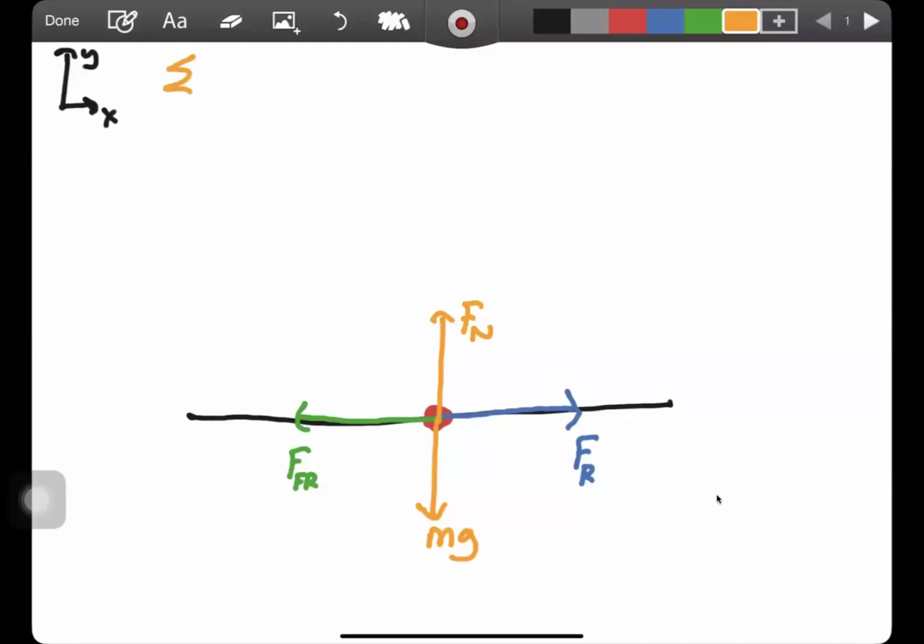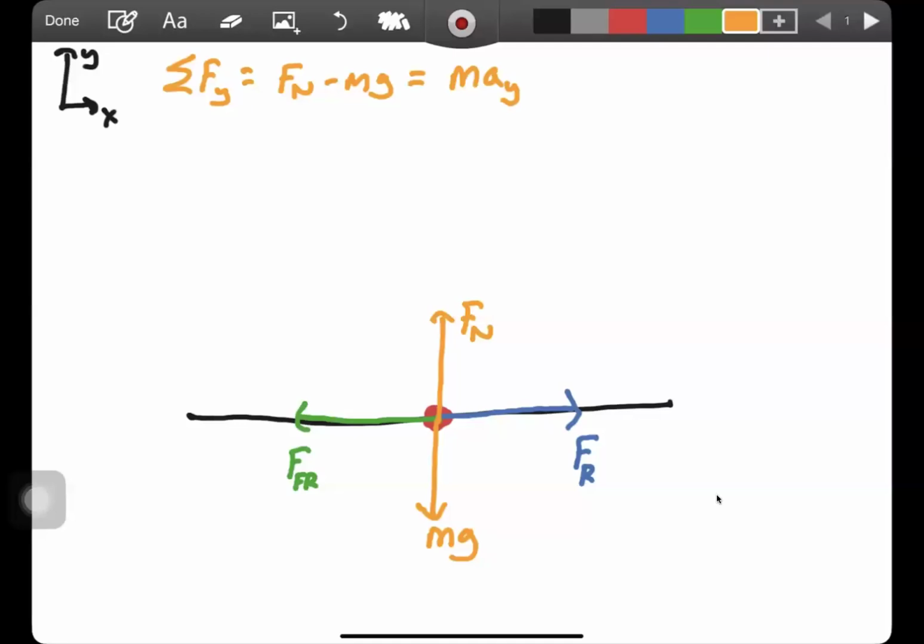So I'm going to say that the sum of my forces in the y direction are equal to the normal force, and that's positive, it's up, minus mg, which is the gravitational force straight down, and that's going to be equal to the mass of the object, again, the mass is all contained in that dot, multiplied by the acceleration in the y direction.